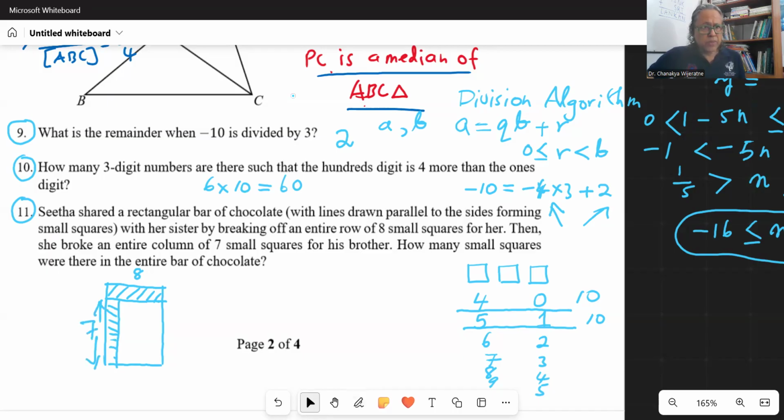How many small squares were there in the entire bar of chocolate? From the figure, we can see that this is one square. It is actually 8 times 8, 64 squares. So that's easy. Okay, so let's go to the next question.